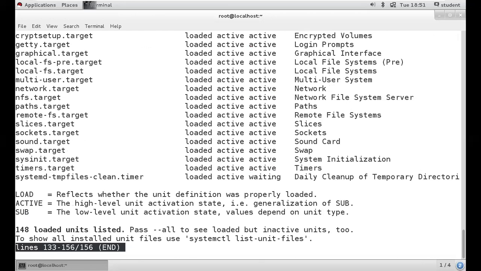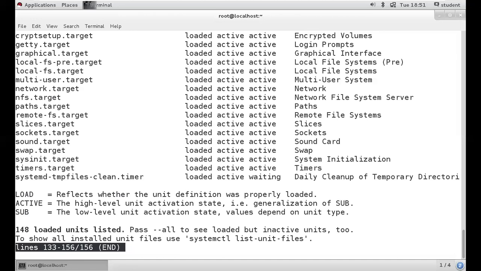So who's going to manage those units? Systemctl is going to manage the units and objects. So loaded, active, substatus. Active means high level unit activation status, and this is low level unit activation status. Got it, guys? Substatus. How many active units will we have? 148 active units. Right?